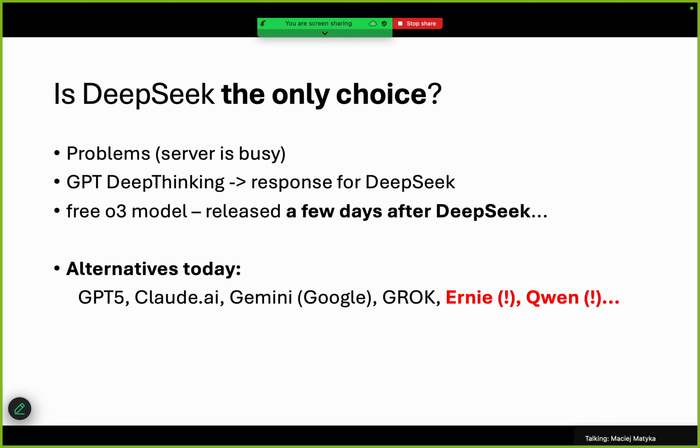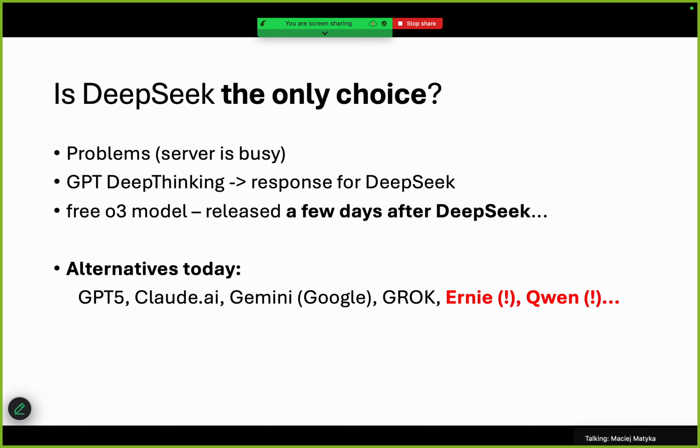But anyway, what is interesting is that ChatGPT, the most known from the market, from the newspapers, has released deep thinking just 6 or 7 days after DeepSeek. So DeepSeek revolutionized the market and the AI because GPT was really very bad in coding before the deep thinking processes were introduced.